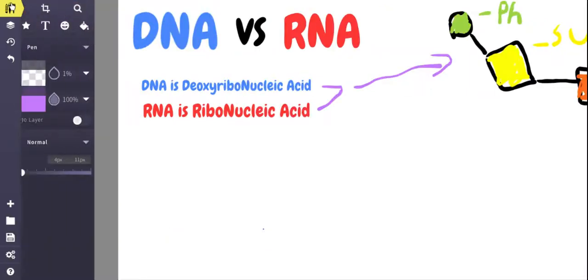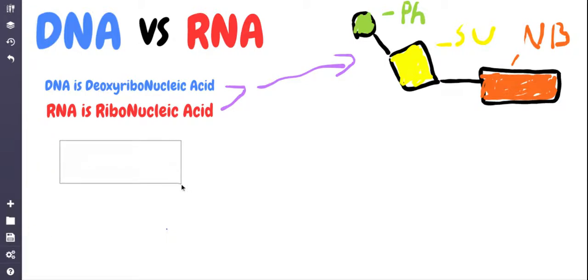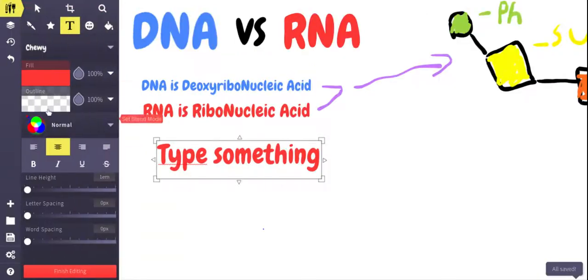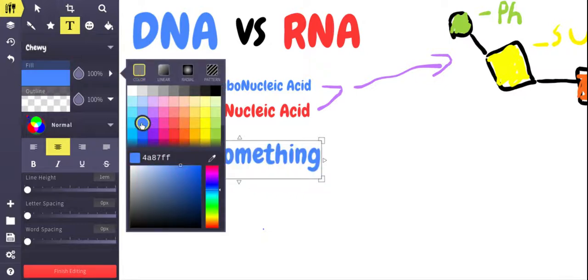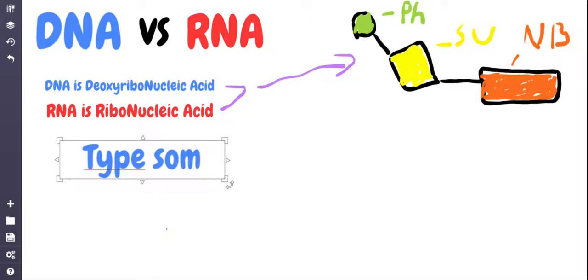I'm gonna type this out so it's easier to see. I'm gonna make this blue as well. The first one I'm gonna write is thymine.